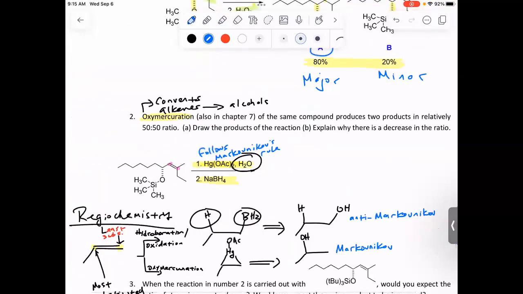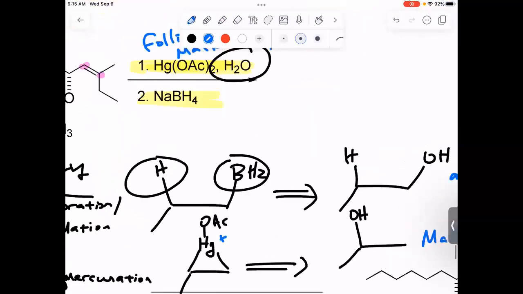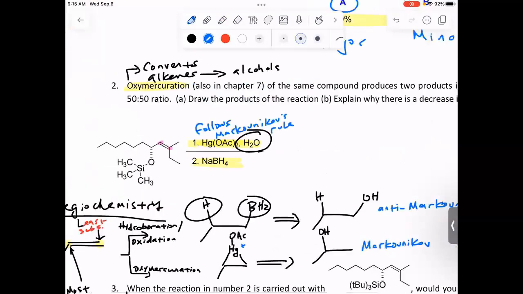So even if you don't know the mechanism of this particular reaction, you can predict the product, because the outcome of the reaction is to take the alkene and convert it into an alcohol using Markovnikov addition, right?